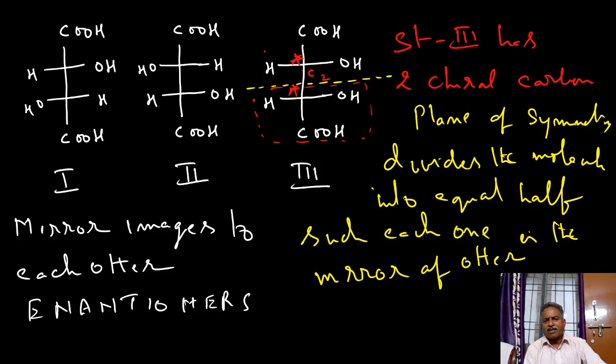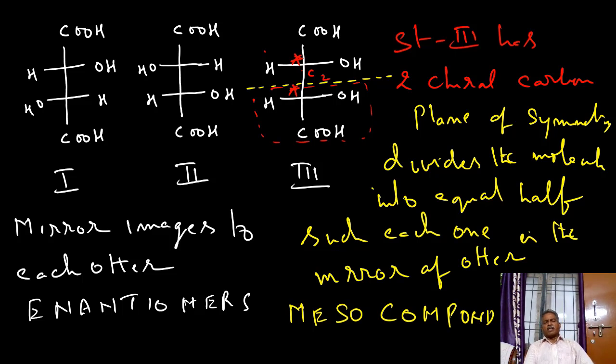That means it has one of the elements of symmetry. In such a case, the rotation caused by the C2 carbon is exactly equal to the rotation caused by the C3 carbon, but both are in opposite directions. Because both are in opposite directions, they cancel each other, and externally the molecule does not show any optical rotation. Such a compound is known as a meso compound.